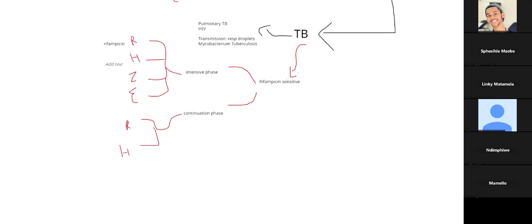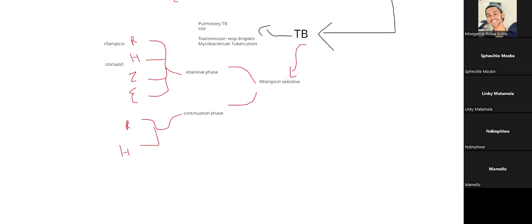There's another mnemonic actually called RIPE. I think we can rather just remember it as RIPE, which is better to remember than RHZE. So RIPE, and then RI for the continuation phase.